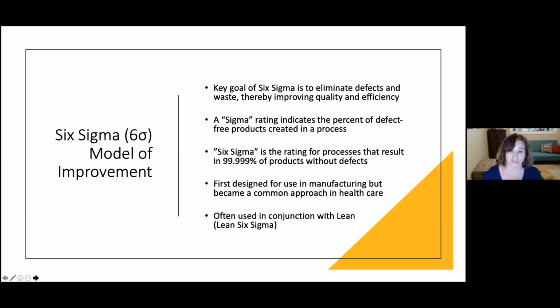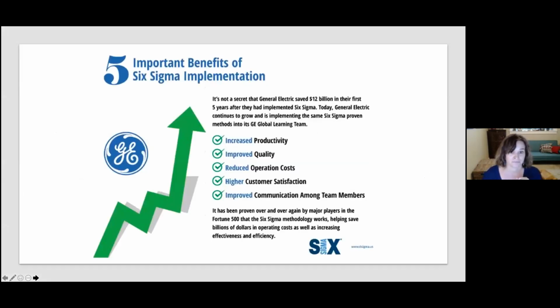As I mentioned, it's frequently used in conjunction with lean. GE was really the first in the US to implement Six Sigma and touted much success, and that made Six Sigma the hot change management tool of the day in the early 90s and since.